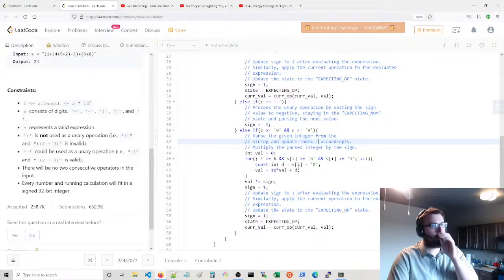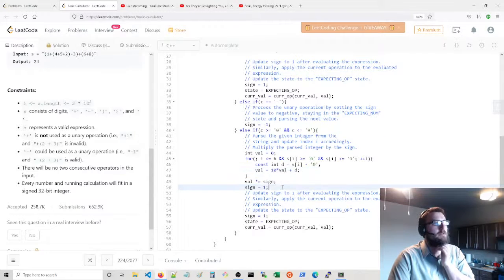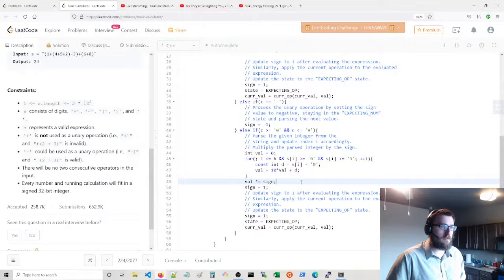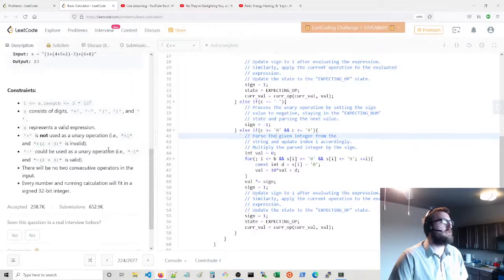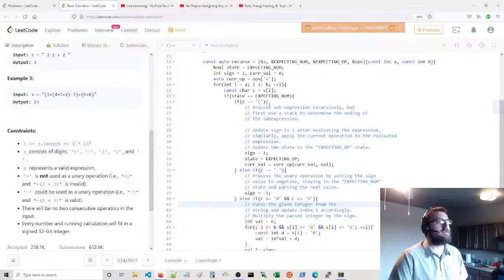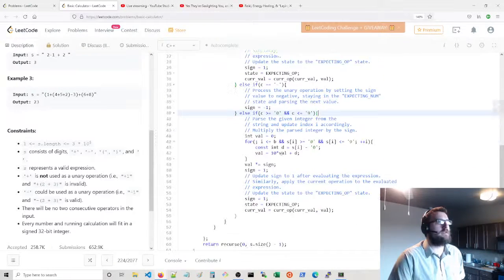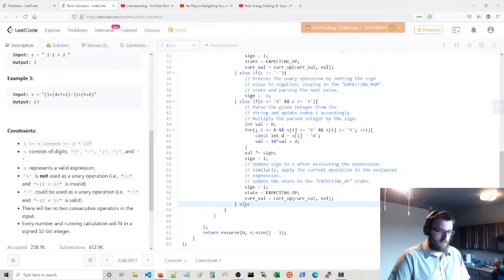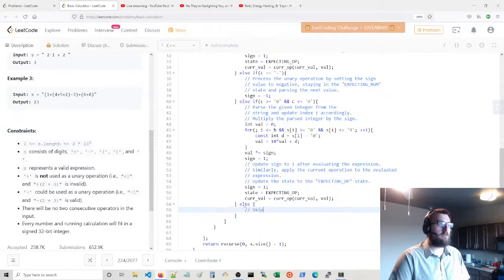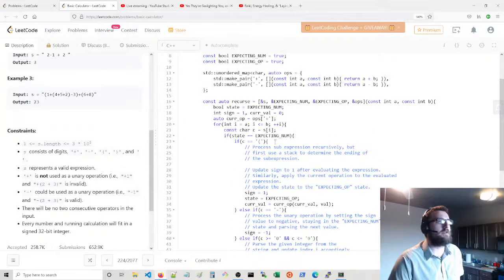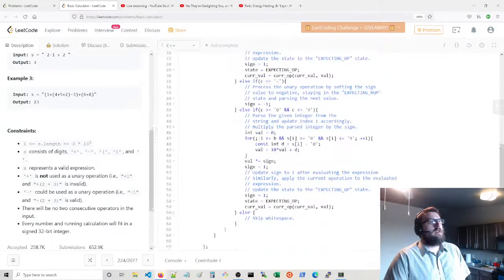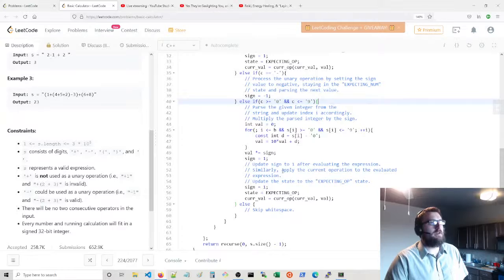Okay. So you're going to move past the integer now. I will start at something past the integer. We want to skip white space. That's one more detail. Skip white space. Yeah, you don't do anything on white space. Sign to 1 after evaluating the expression.